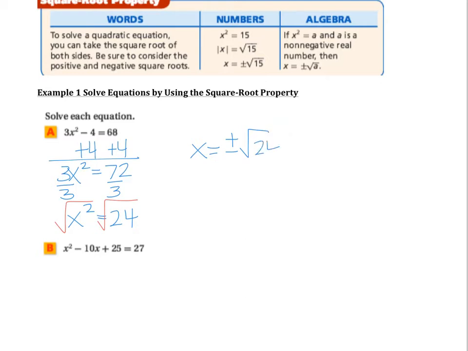And then you do have to simplify your square roots, just like we did before. And so you're going to have to recall that. If you want to see my prime factorization, there's a pair of 2's. So 1, 2 comes out, and the 2 times 3 stays in.